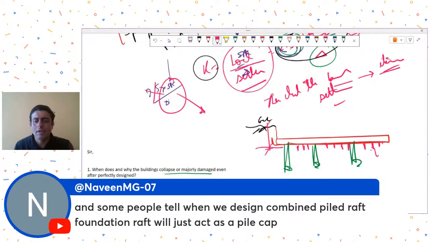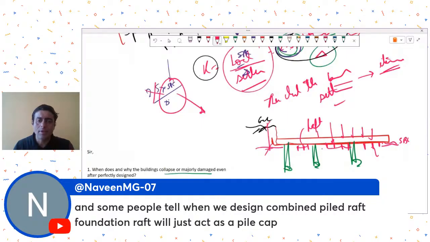So naturally, in this case, the raft will not be able to resist much of the loads, because the subgrade modulus is not that high. Or let's put it this way, the bearing capacity of the soil at this level is not quite great. If that is the situation, then your raft will act only as a load transfer element, and will only transfer its loads to the piles.